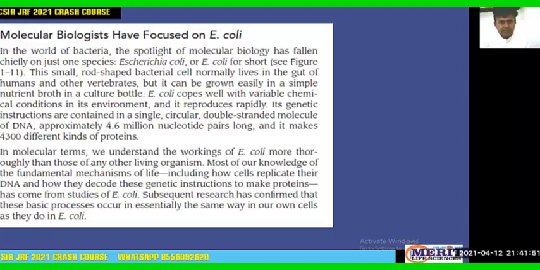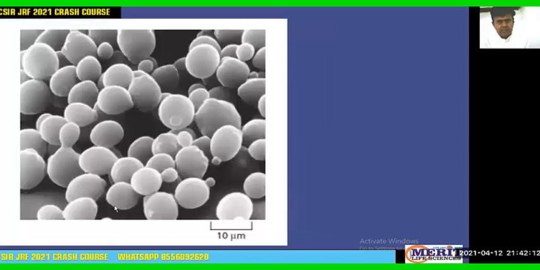Constantly they are working, and you can know each and every aspect, how they are replicating, how they are decoding the genetic transformation, right? And how they are transporting, right? Because of so many properties, a lot of studies have been done to confirm that really they are a very good model organism.